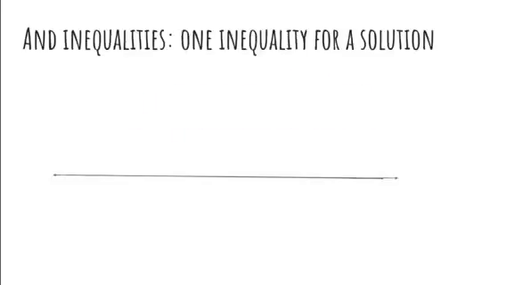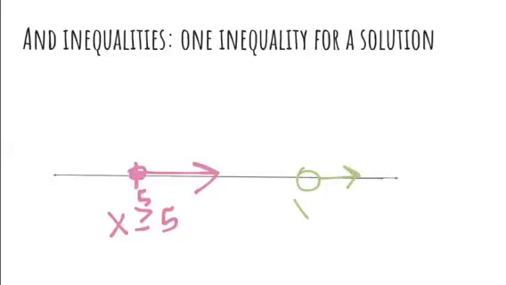So this last type of solution for AND inequalities: one inequality for a solution. If you have these going in the same direction, so x greater than or equal to 5, looks like this, and x greater than, let's say, 15.